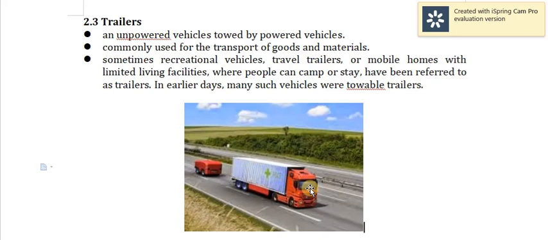So trailers are commonly used for the transport of goods and materials. These are sometimes recreational vehicles, travel trailers, or mobile homes with limited living facilities where people can camp or stay. These have been referred to as trailers. In earlier days, many such vehicles were towable trailers.